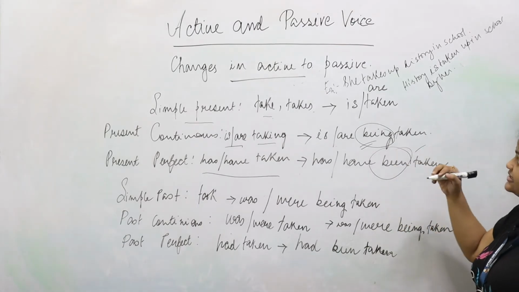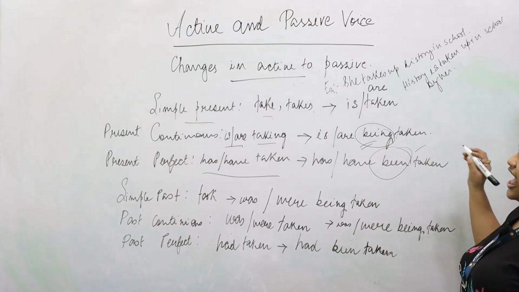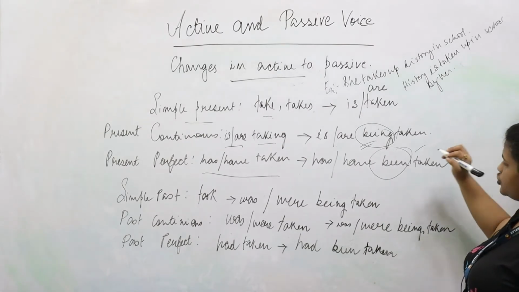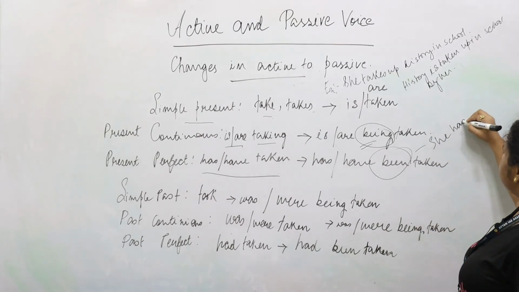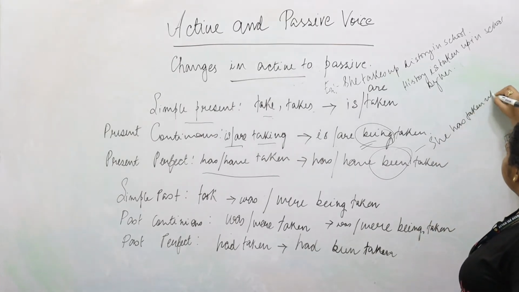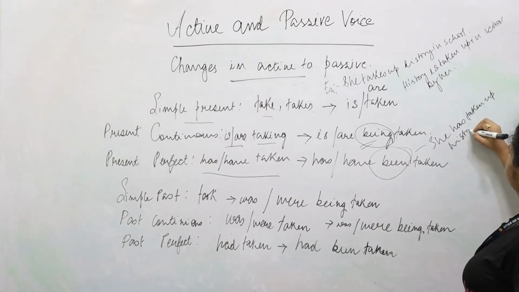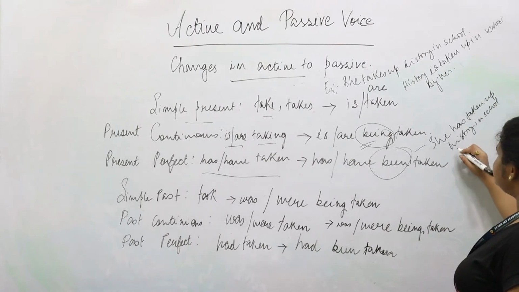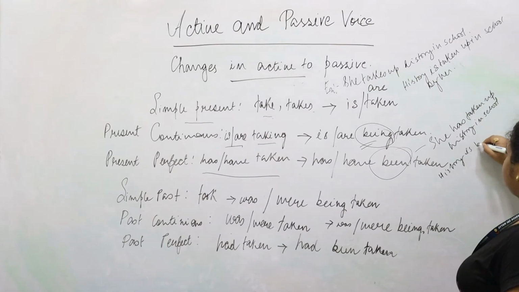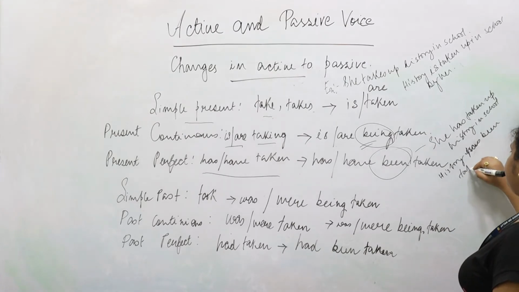So if the same sentence recurs as she has taken up history in school, it would be transformed as history has been taken up in school.